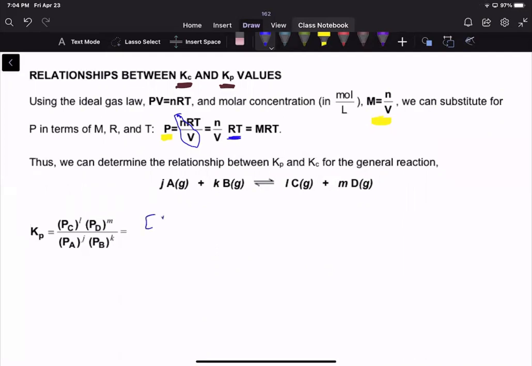So here I'll write the molarity of C to the L, and then I'm going to have a factor of RT.